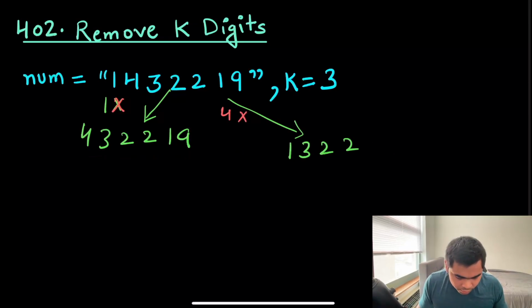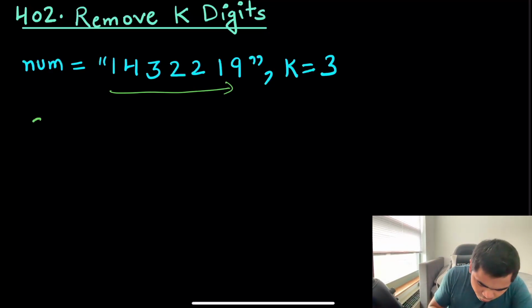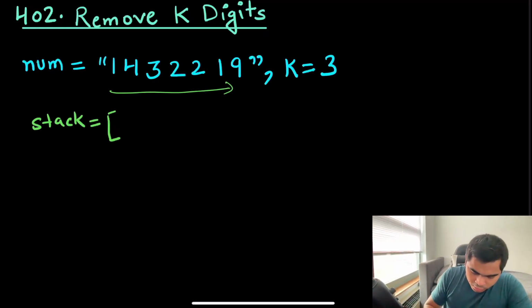So how do we approach this? Compare the numbers from the most significant digit towards the least significant, and then delete the one that's greater. I think the best data structure choice here is a stack, to keep track of the numbers from left to right.